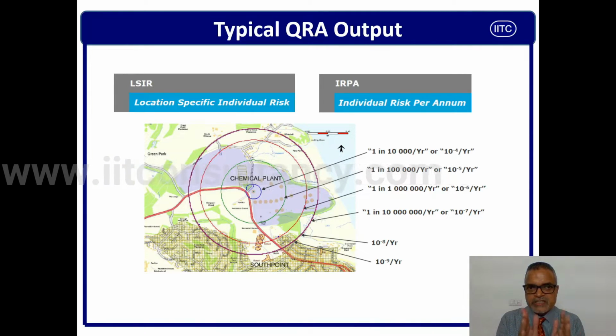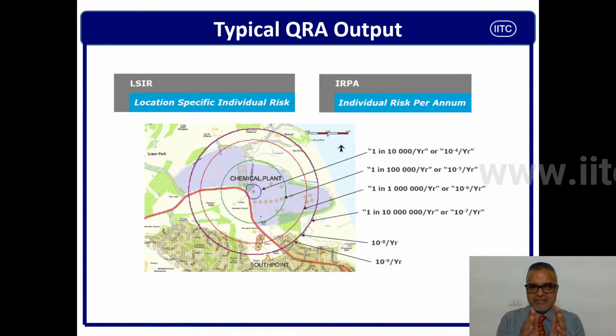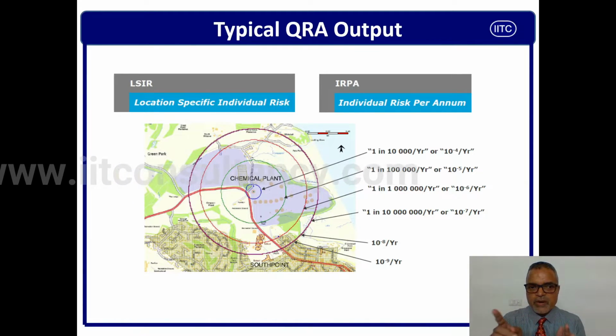IRPA means individual risk per annum. We saw that one person is going to work at one location for 365 days into 24 hours, but this is not feasible. No person is going to stand or work at one location for 24 hours into 365 days.